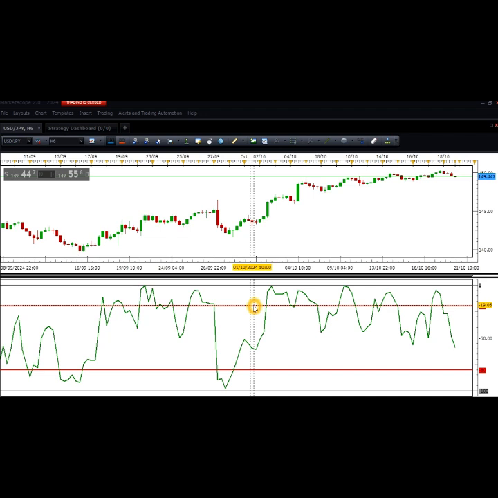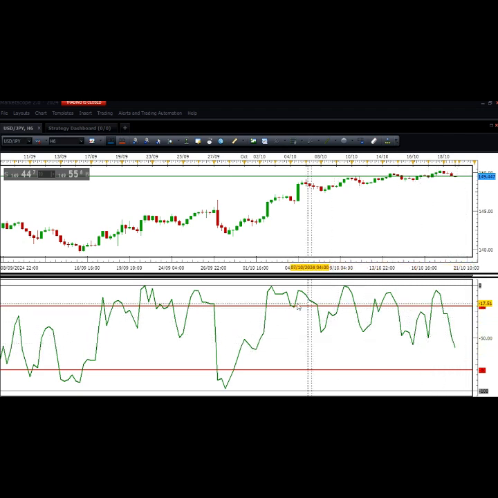The Williams percentage indicator, this is how it works. It has two lines, and it has this green line that goes across, up and down, up and down, up and down. Now, here's the USD JPY. This is where the line is right now.